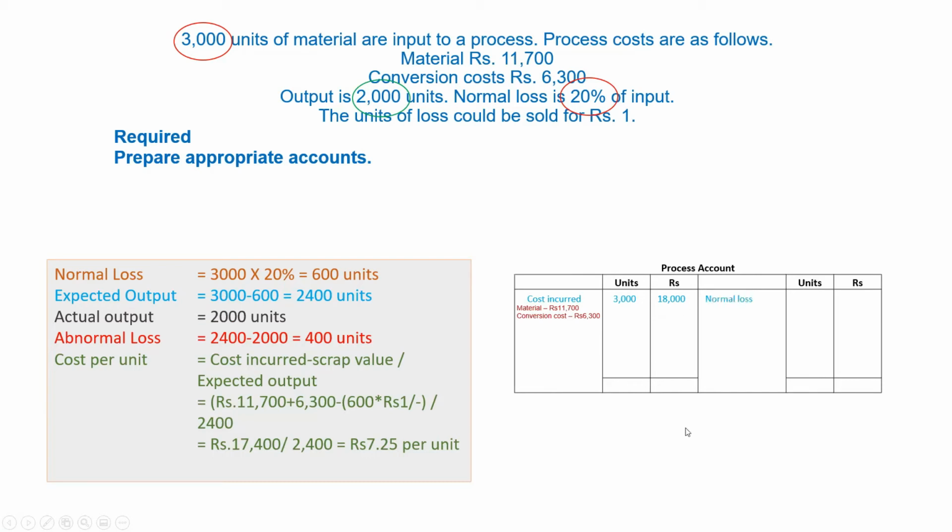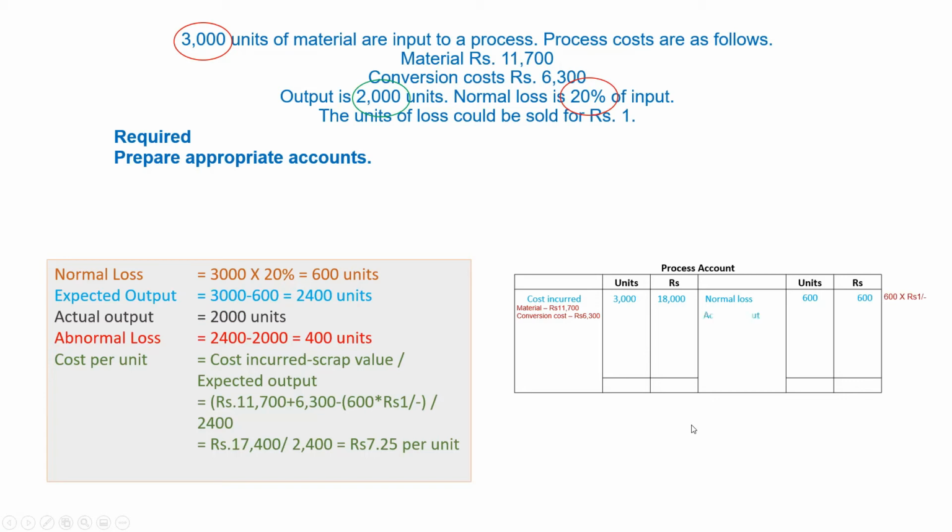Then the normal loss will be 600 units. Usually we don't allocate a cost, but in this scenario we could sell these losses for 1 rupee per unit. So our cost will be 600.